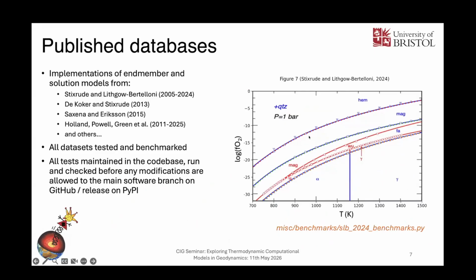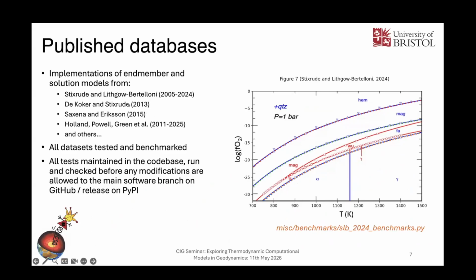There are a bunch of different databases. So within BurnMan, there's already packaged databases from Lars and Carolina from 2005 all the way up to 2024. There's the Deckera and Stixrude databases for liquid silicates and oxides.